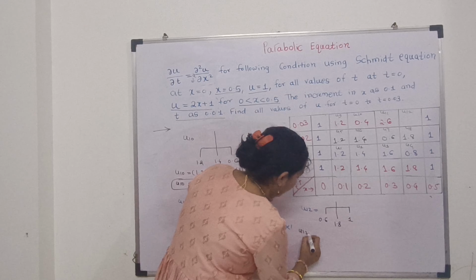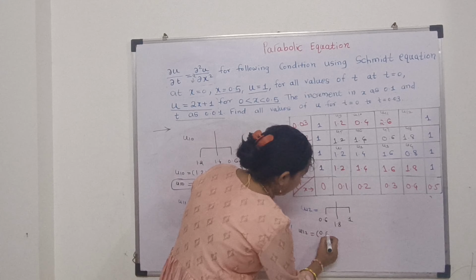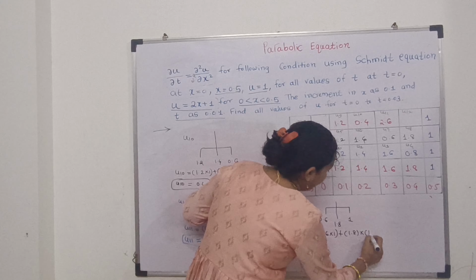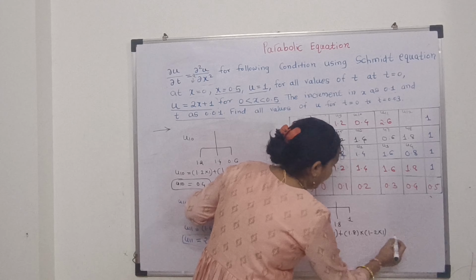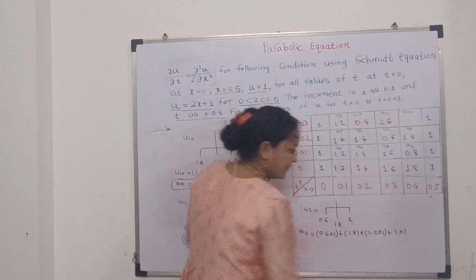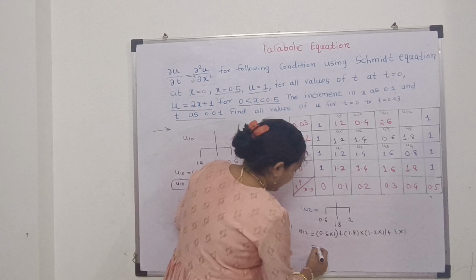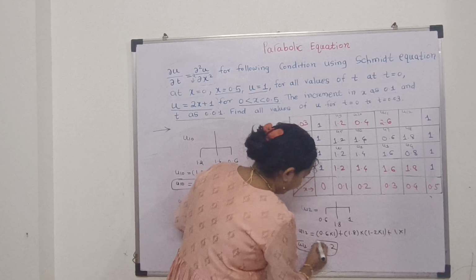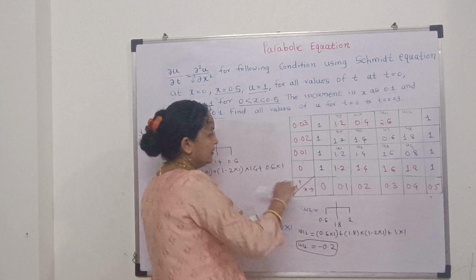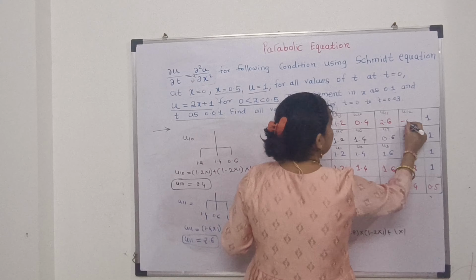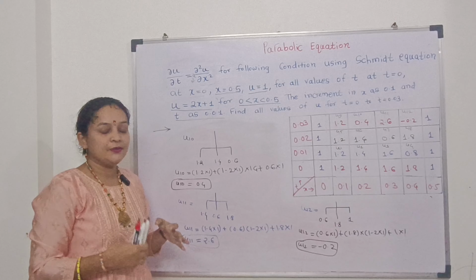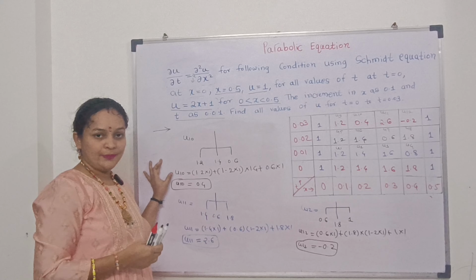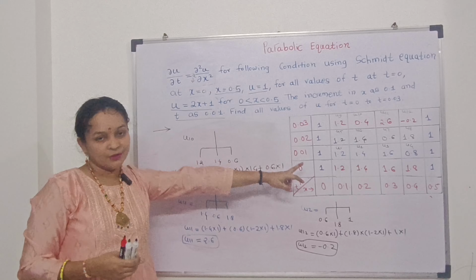So U12 is equal to 0.6 multiplied by 1 plus 1.8 multiplied by 1 minus 2 multiplied by 1 plus 1 multiplied by 1. So this value becomes minus 0.2 for U12. So you can just write here minus 0.2. Firstly, you calculate gamma. Based upon that, you are supposed to use the simple equations for the calculation of mu.